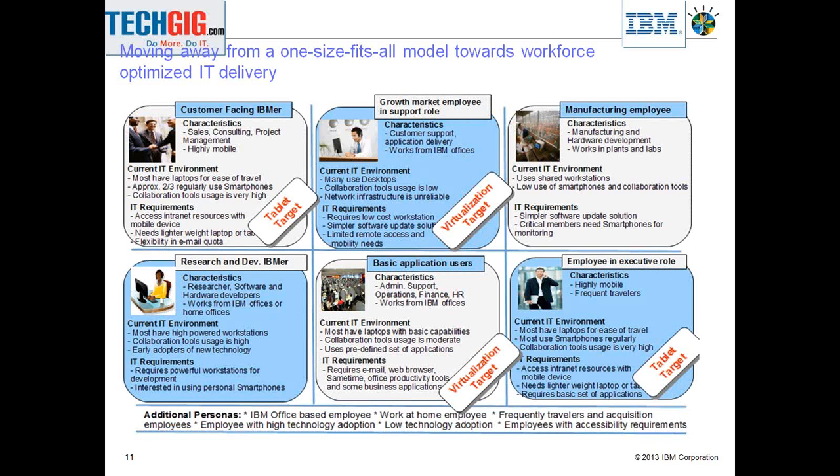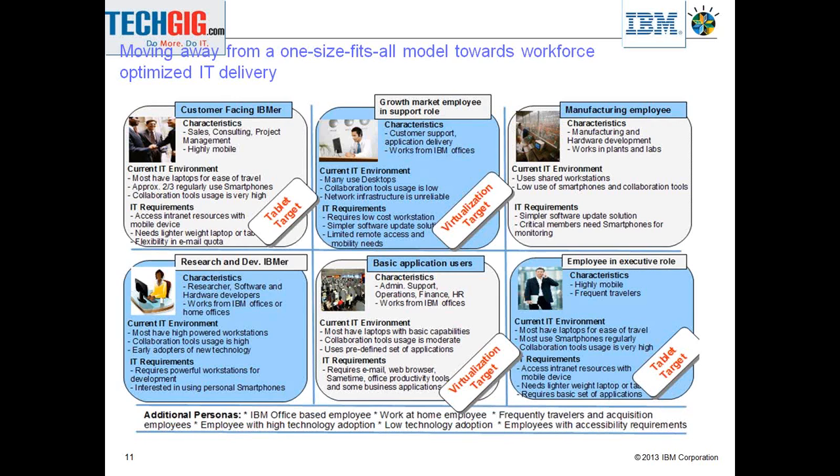So the additional personas like IBM office-based employees, work-at-home employees, frequent travelers, acquisition employees, employees with high technology adoption, low technology adoption, employees with accessibility requirements, and so on, all become challenges which we need to fit into mobility as a space.